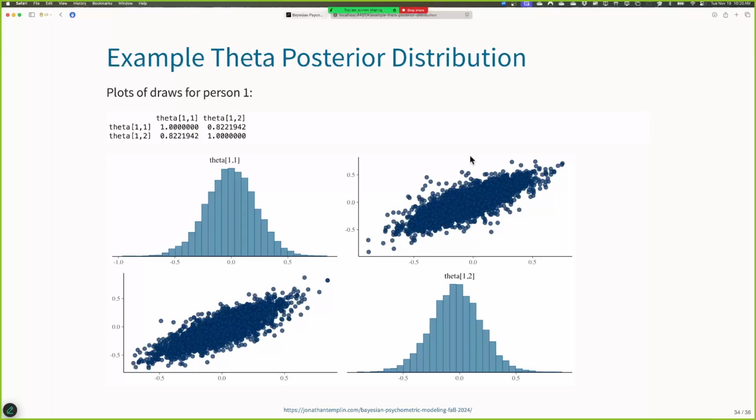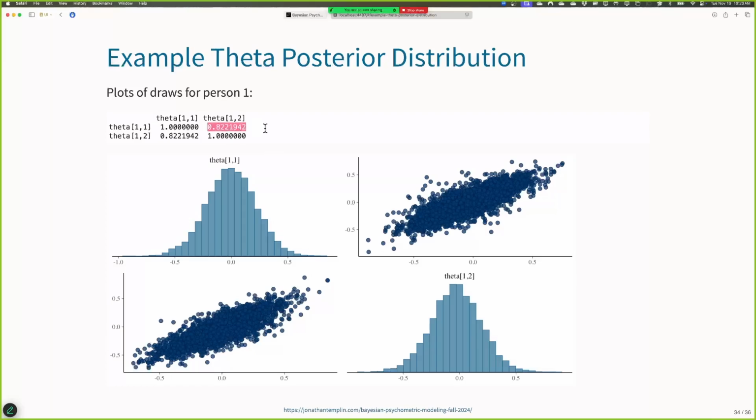But take a look at their dot cloud here. This is their posterior density. So what are we seeing in the off diagonal? For every chain estimate, for every iteration, there's a pair of thetas, a theta one and a theta two for each person. This cloud that you see in the middle is that plot of it, right? It's sort of their posterior values of theta, and it gives us a sense as to how correlated they are for this person.